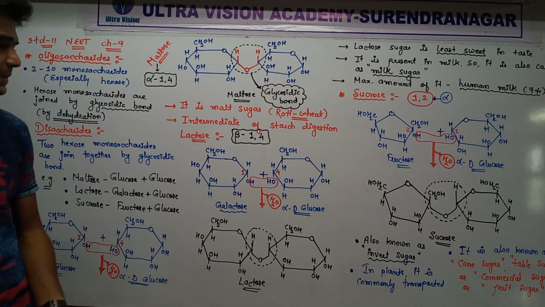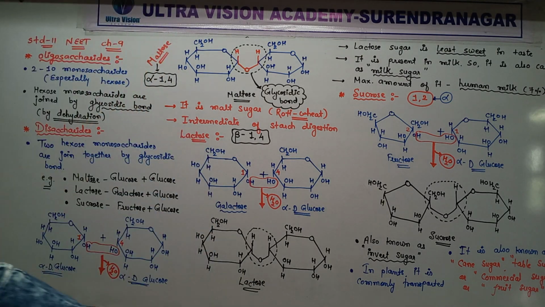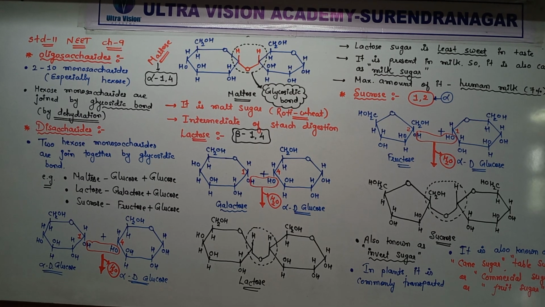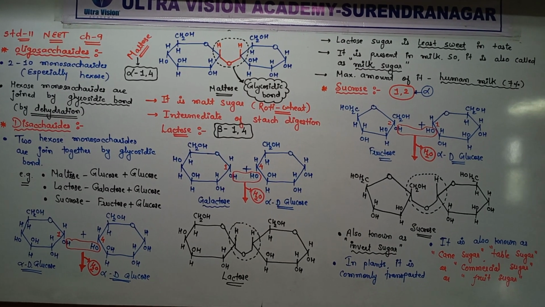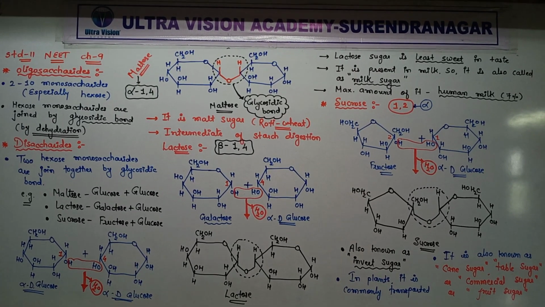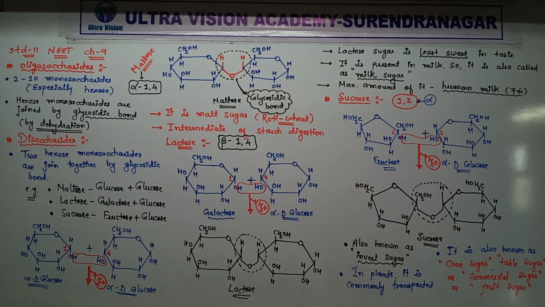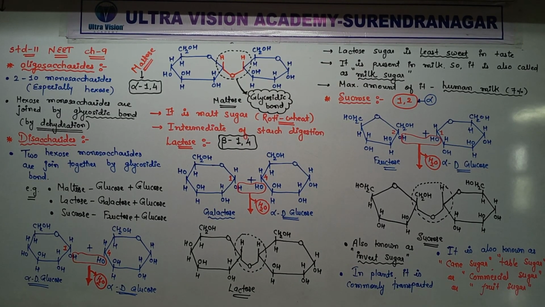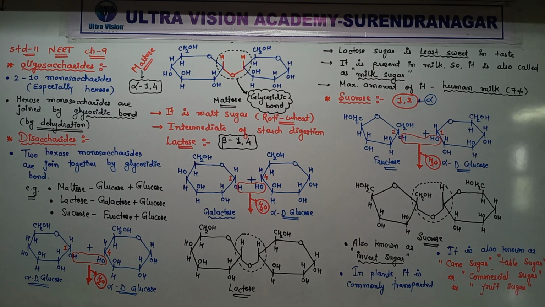It is also known as cane sugar, which is present in the sugar cane. It is also known as cane sugar, table sugar, or commercial sugar, as well as fruit sugar. So this is about the disaccharides.